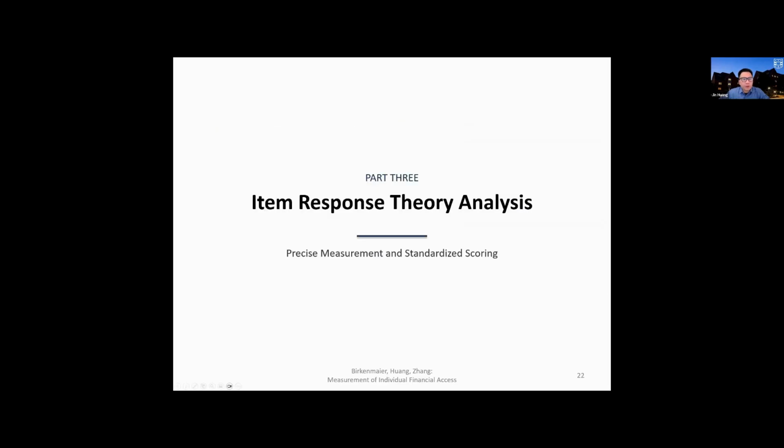Okay, next, we are going to move on to the final analysis, the item response theory analysis. Confirmatory factor analysis is about the whole structure of this measure. IRT, item response theory, is about the strength of each specific individual item.